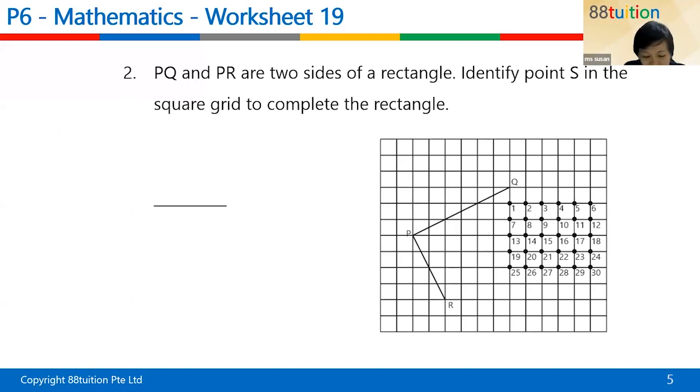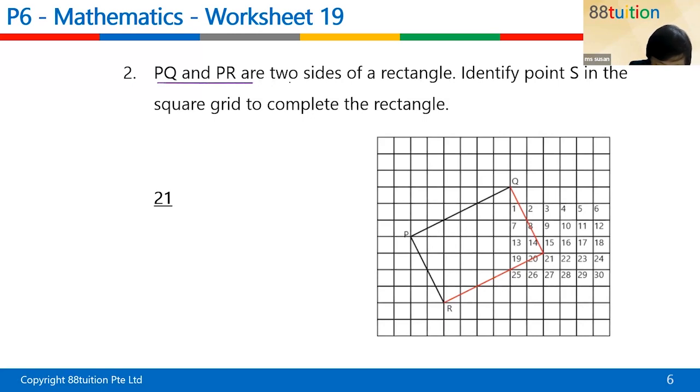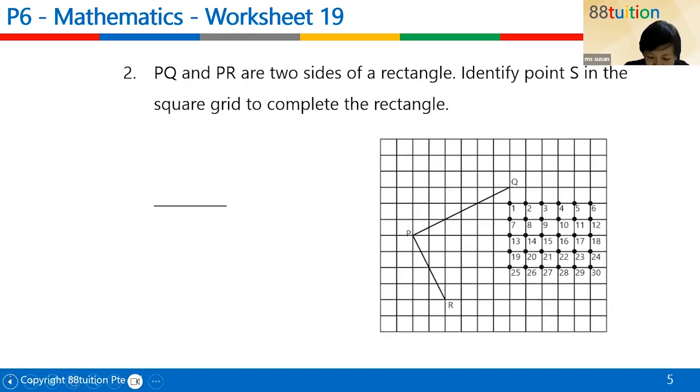Okay. All right. So PQ and PR are 2 sides of the rectangle. So these are the 2 sides. And you are supposed to put the S to complete the rectangle. Okay, put the S here. It's supposed to be here. Complete the rectangle.